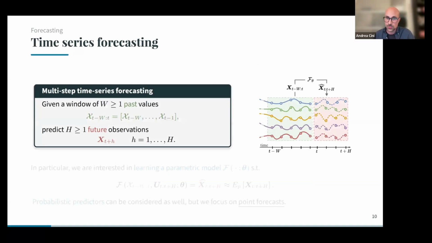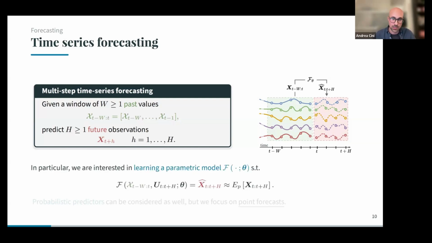From a window of past observations, we want to forecast the next H time steps ahead observations. In particular, we want to do that by learning a parametric model of the process generating the data. And in this tutorial, we will focus on point predictors, while probabilistic methods can also be considered.